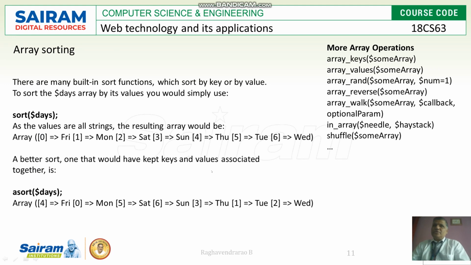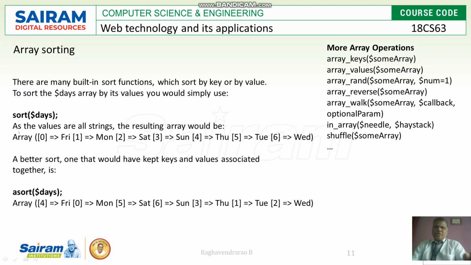So you can sort the arrays also. How are we going to sort the arrays? There are many built-in functions for this, which sort by key or by value; any one of these types sorts here. So there is an example: if you take sort $days, Monday to Friday is there, right?